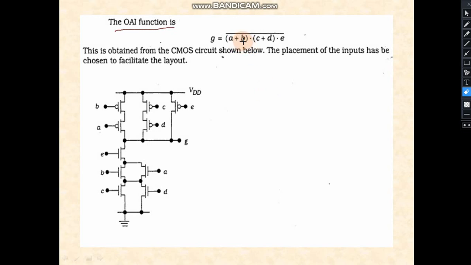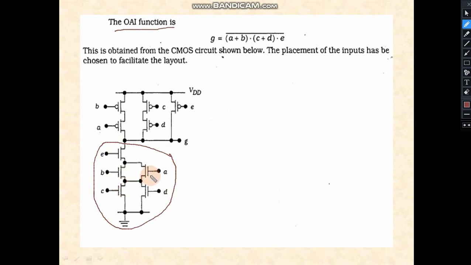A and B are in parallel, A plus B. C and D, C plus D, are also in parallel. E is in series with A plus B and C plus D. So we have completed our NMOS portion.